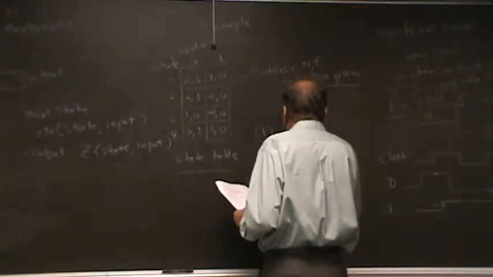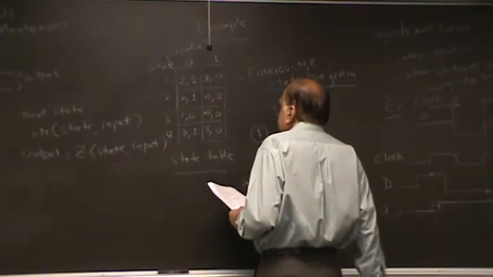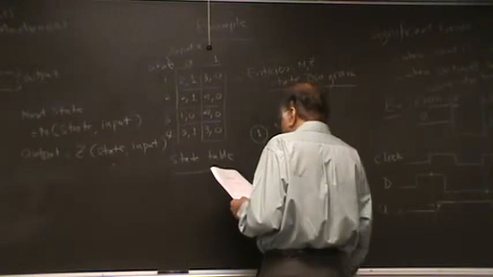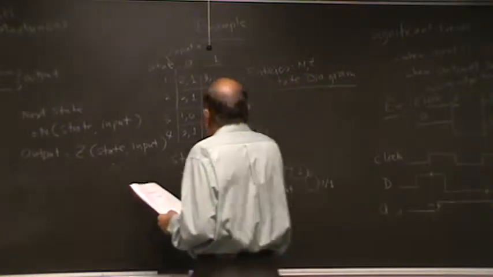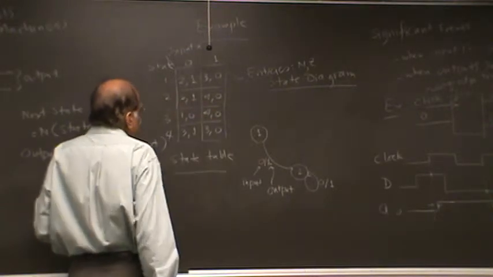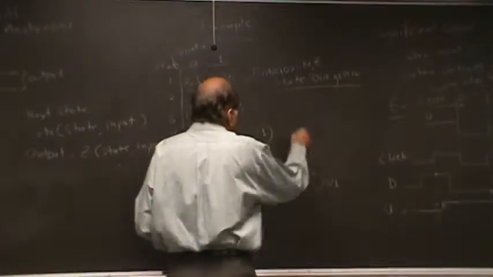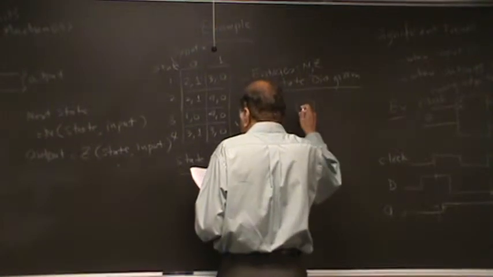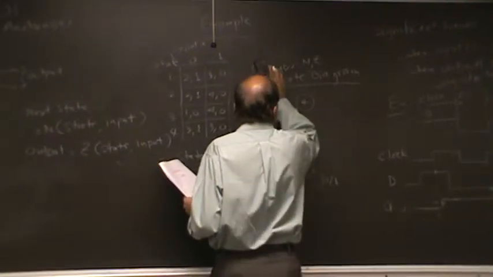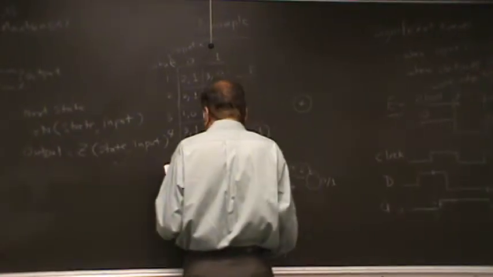Now for state 2, if the input is 0, you stay there with the corresponding output of 1. And for state 2, when input is 1, you go to state 4. Let's have it somewhere here. This is a state diagram. Okay.